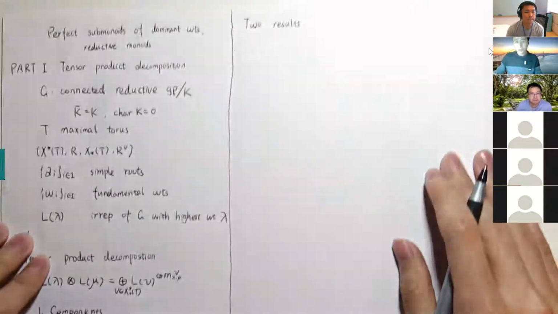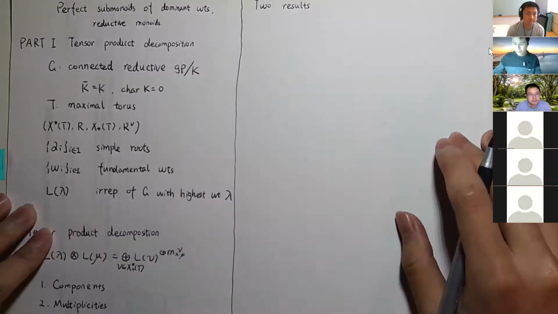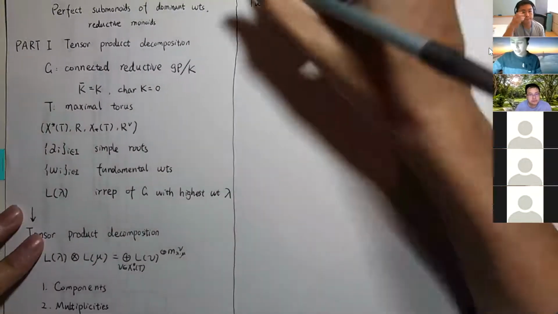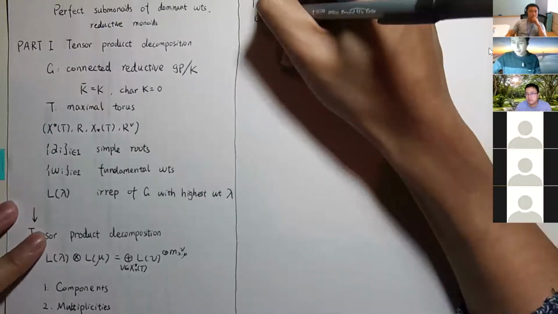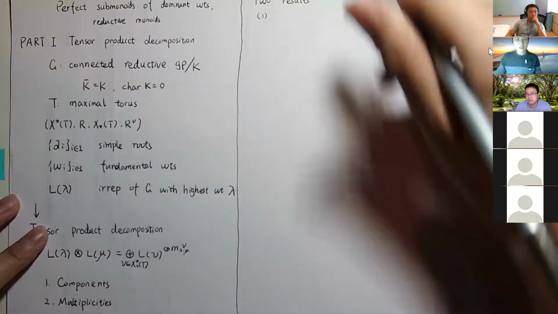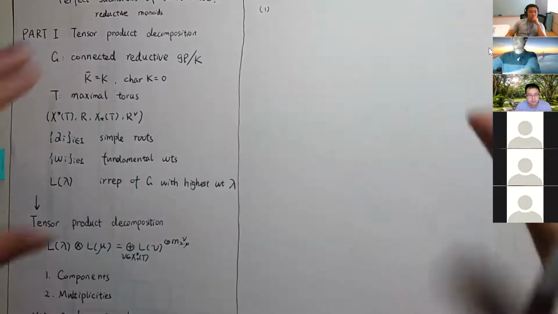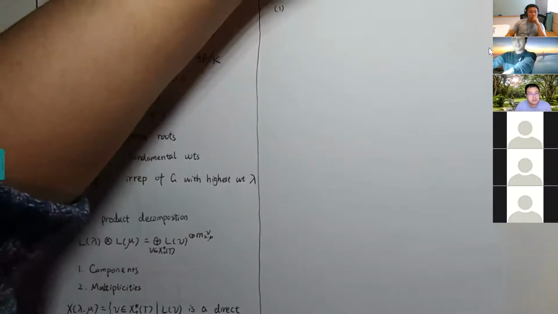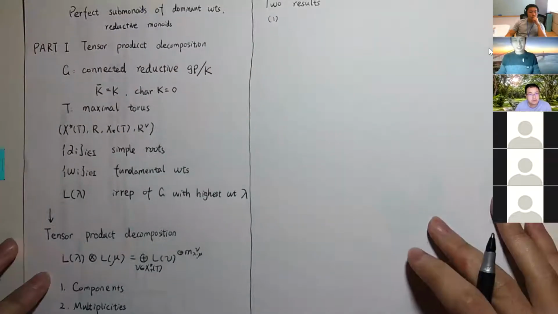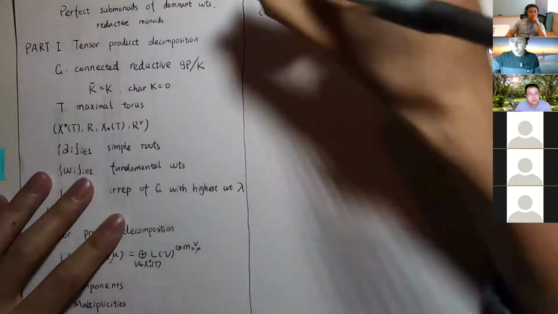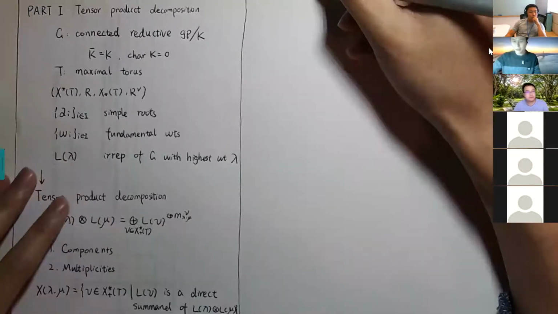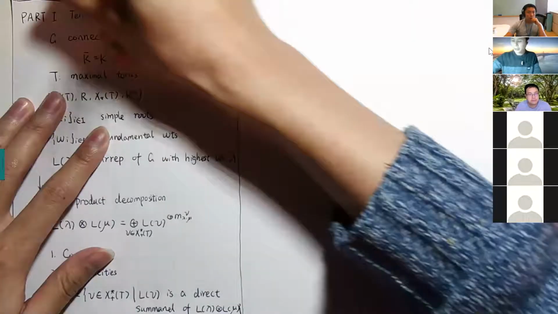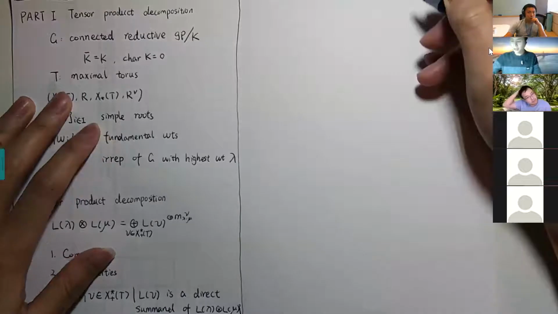So now you cannot see what I'm writing. I think I'll move it like this. I think it's not good. What can I do? Is it okay, or I will just keep this top area to be the forbidden zone. Okay, I will not write on this part.